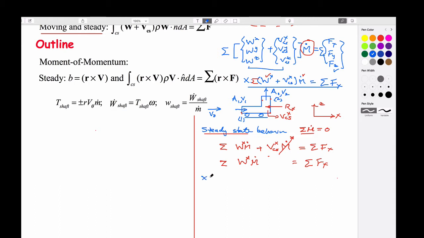In the x direction, it's going to be W1 in the x direction times the mass flow rate across 1, plus W2 in the x direction times the mass flow rate at 2, equals Rx minus. Rx, as we've defined it here, is in the negative direction. We could draw it any direction we want, and we just find out what the actual magnitude should be, but we've done it this way.